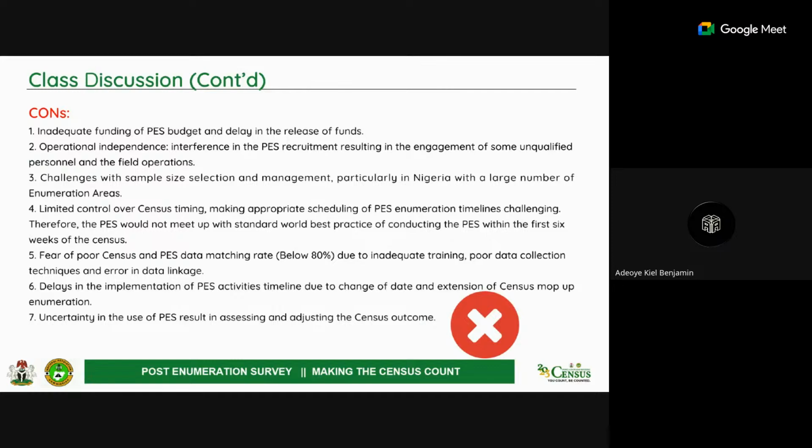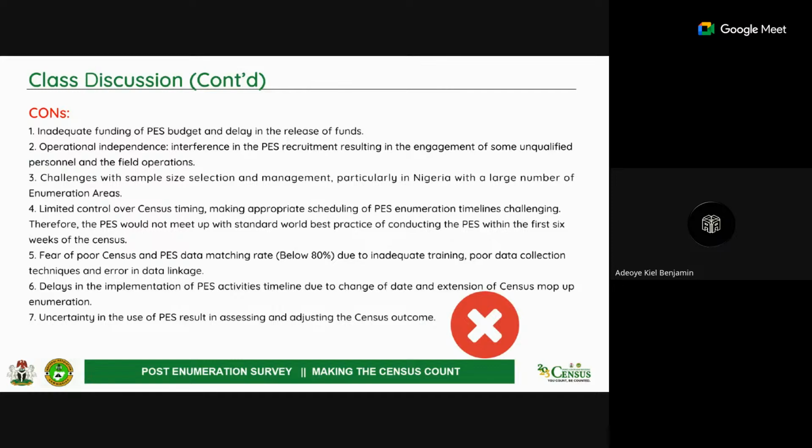Then we also share post census and PS data matching. During matching, according to best practice, if you cannot achieve an 80% match rate, just stop the matching there because it will tell you that your census is not reliable. So if you cannot achieve 80% match rate, there is no point going further to do the PS results. We are afraid because of inadequate training, collection techniques, and errors in linkage.